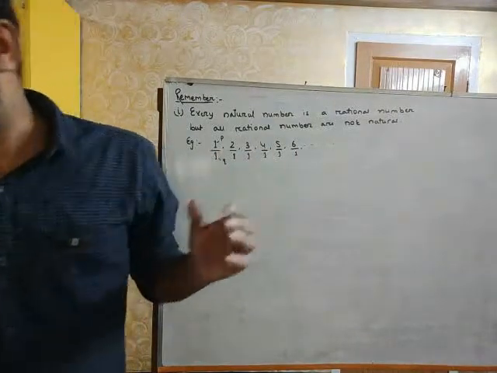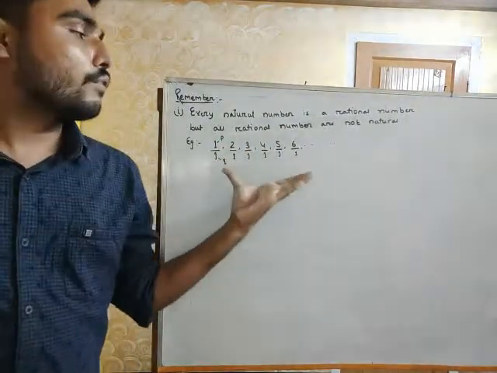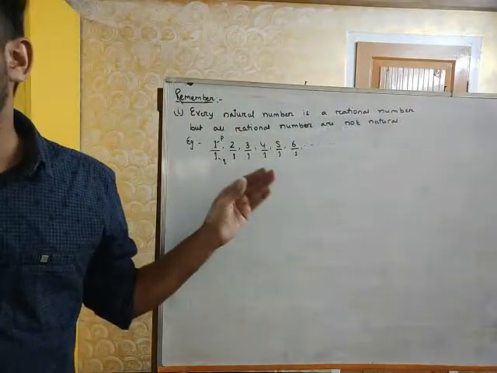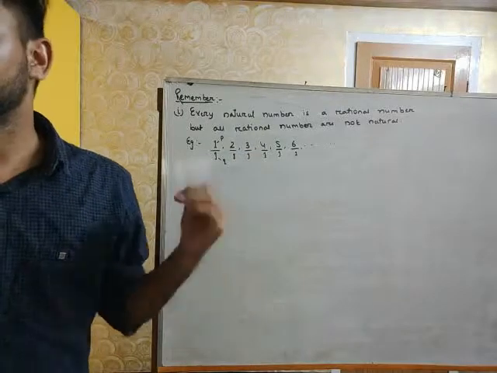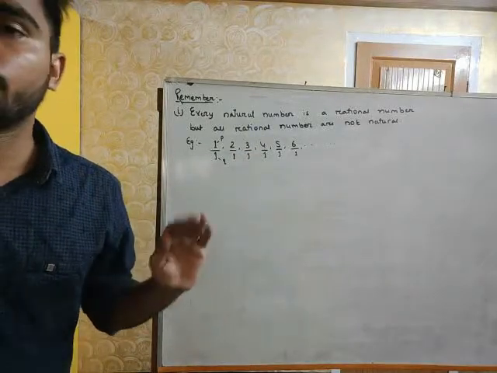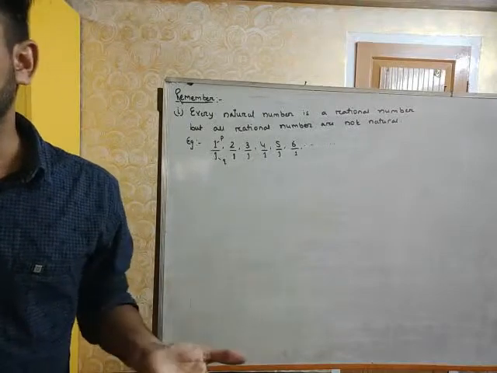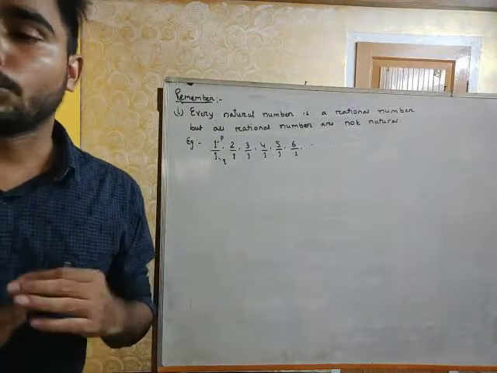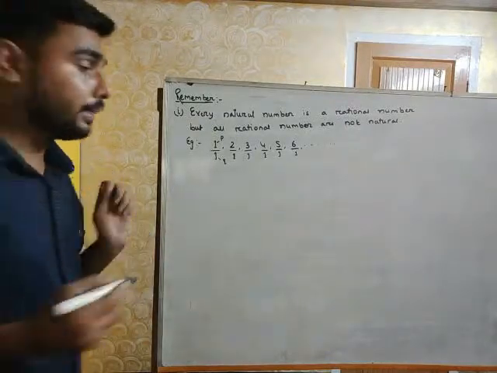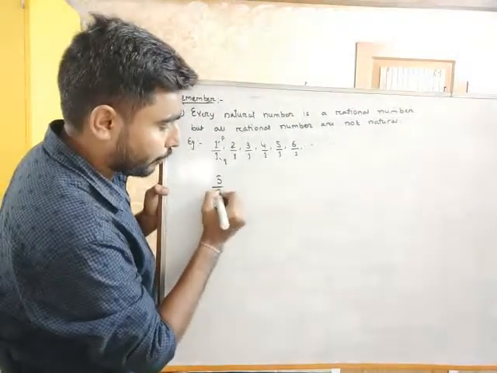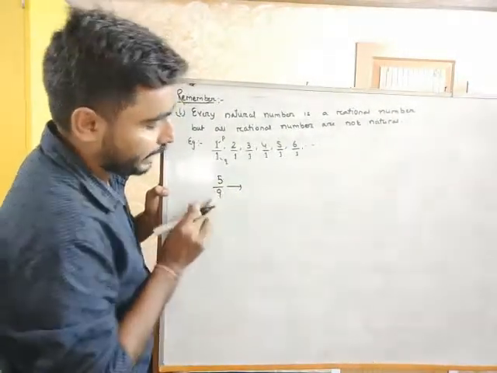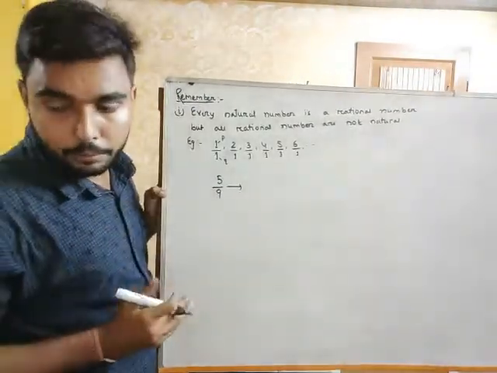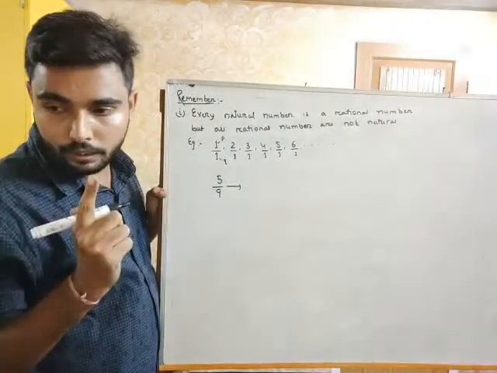So this is how we can conclude that every natural number is a rational number. This is the reason why we say every natural number is a whole number, because for every natural number, if there is nothing below, the denominator 1 is there, and that makes the natural number a rational number. We can say it in p by q form. Is it clear? But if we take 5/9, the denominator of this 5/9 is 9. If it had been a natural number, the denominator would be 1, isn't it?